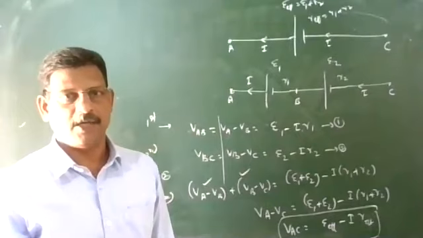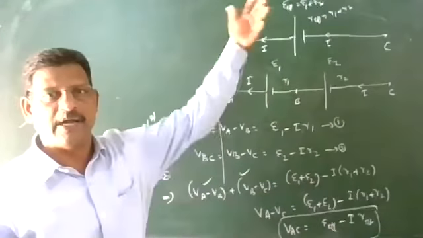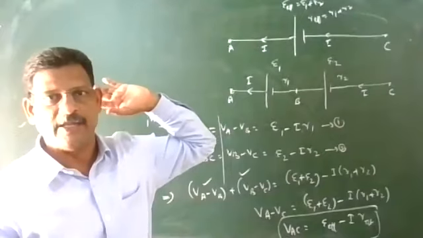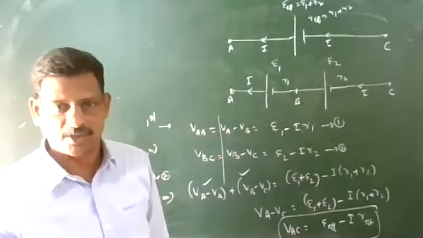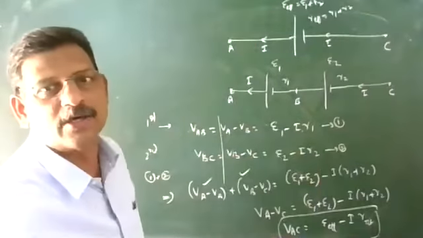So this is an important point. When cells are connected in a supporting way, the EMFs add, they are helping each other, and the internal resistances are added, R1 plus R.